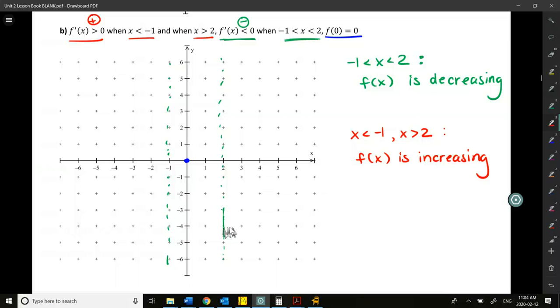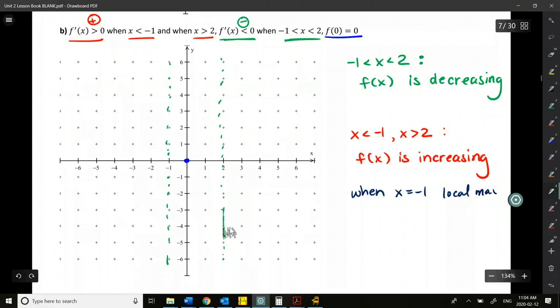So what do we have at -1? There must be a local max there. And when x equals 2, this section is decreasing, and then I'm increasing over here, so some kind of local min, right?